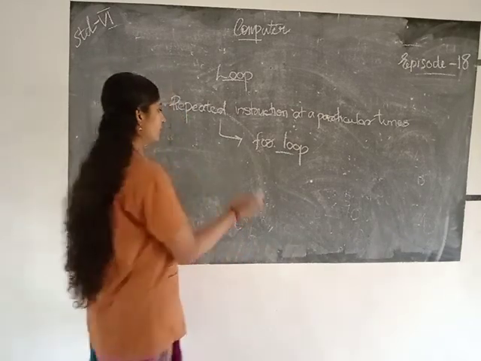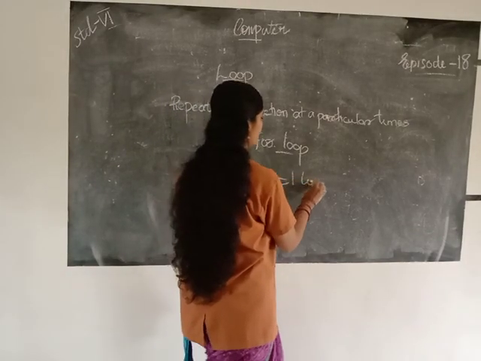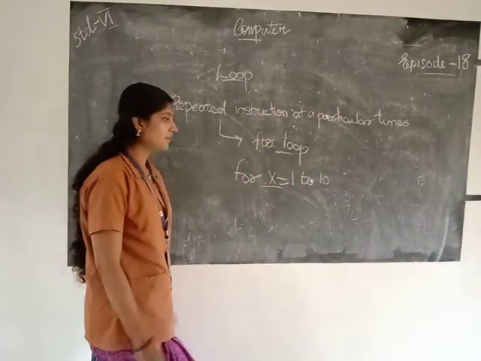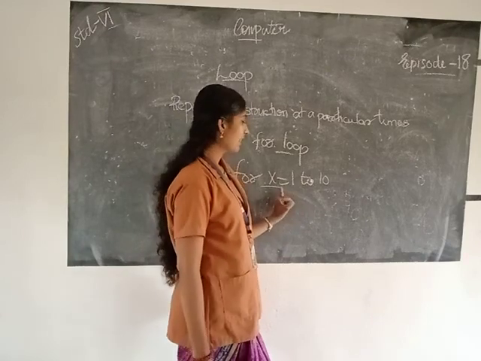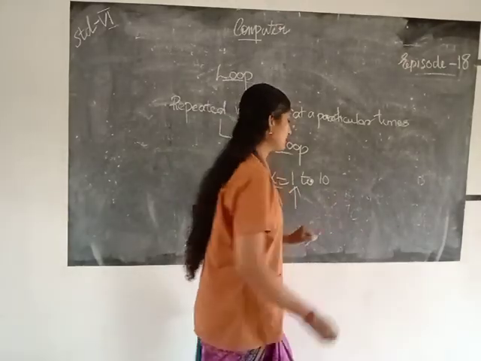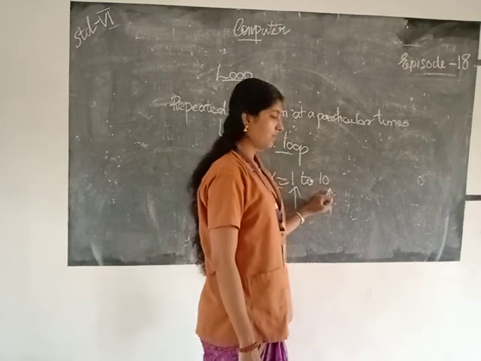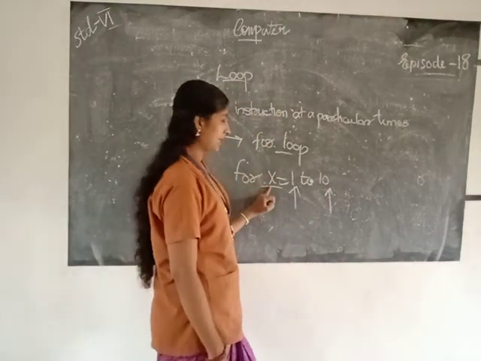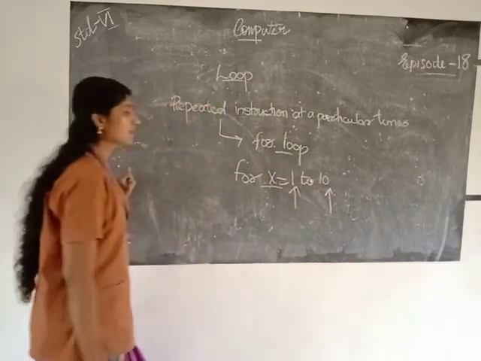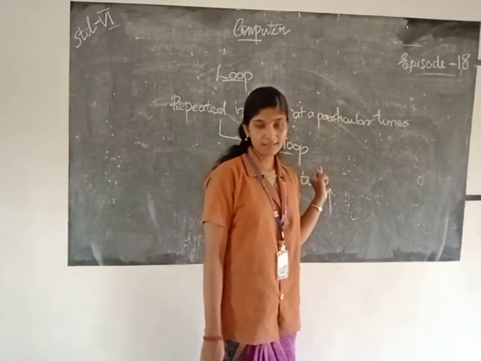Here x is the variable, initialized as x equal to 1, which is the starting point, and there is an ending point. So x, starting value, ending value. The syntax is FOR variable equal to initial value TO end value.